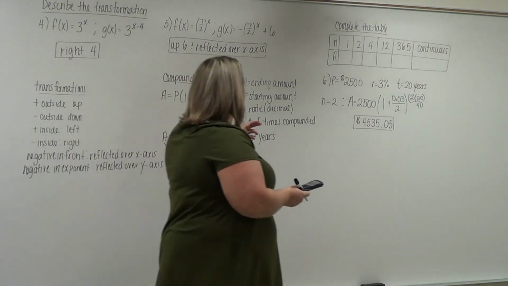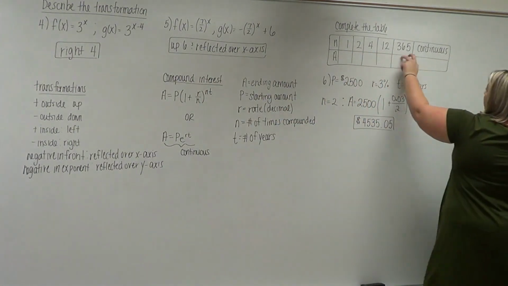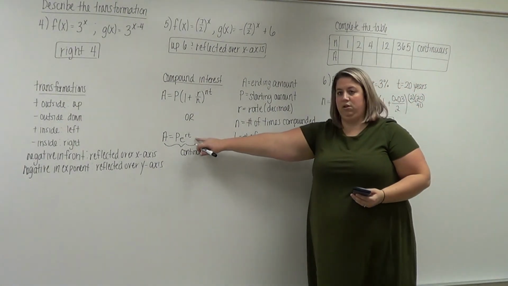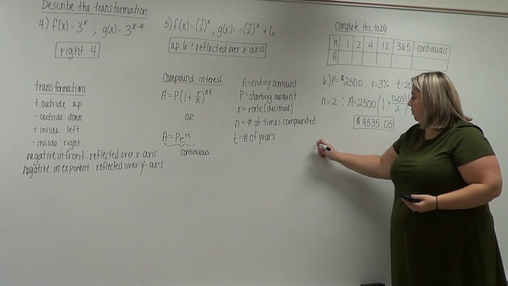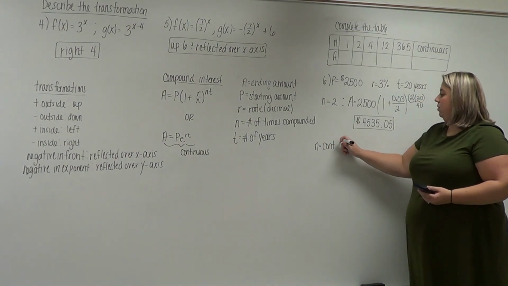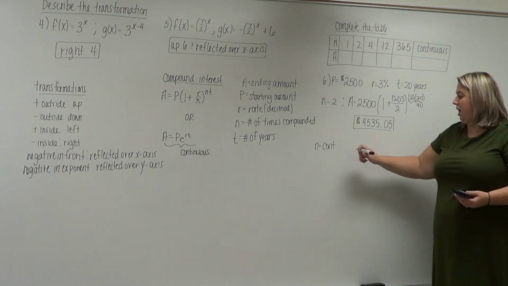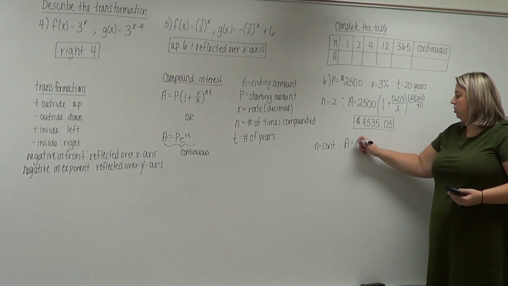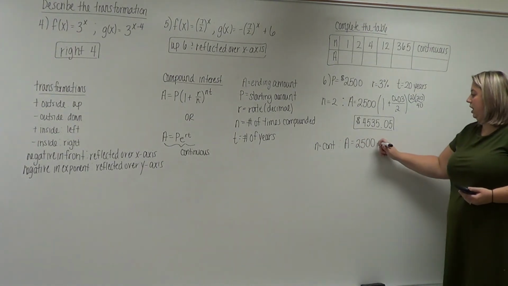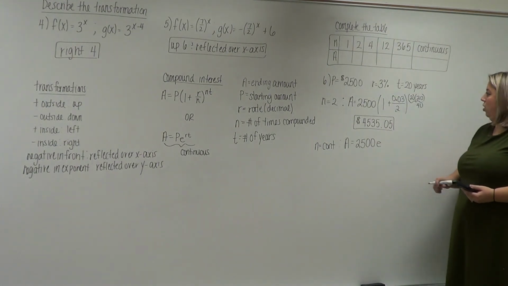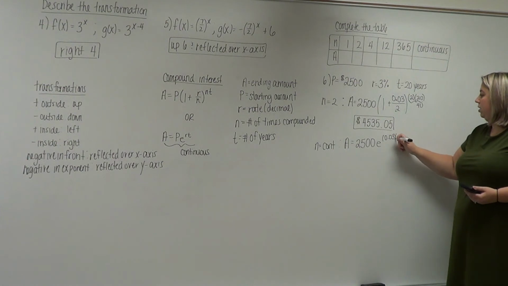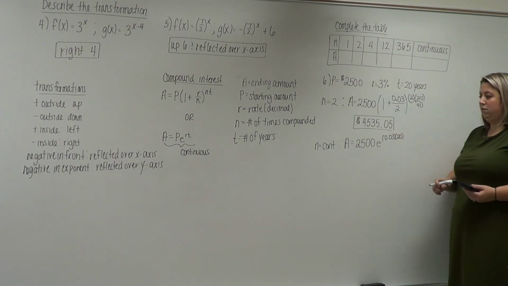Okay, so this is an example for anything other than when it says continuous. When it says continuous, you're using this formula. So let's do that one. I would have A equals 2,500 e, and then I want R and T, so 0.03 times 20.